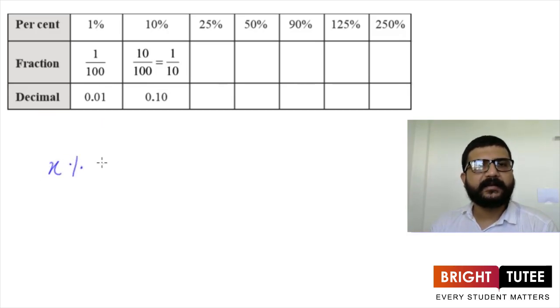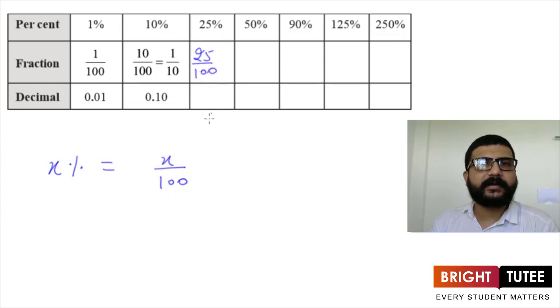So it means x% will be equal to x upon 100. That is, percentage is always the numerator of a fraction whose denominator is 100. So it becomes x upon 100 in this case. Now suppose the next one here is 25%. So 25% will be nothing but 25 upon 100.